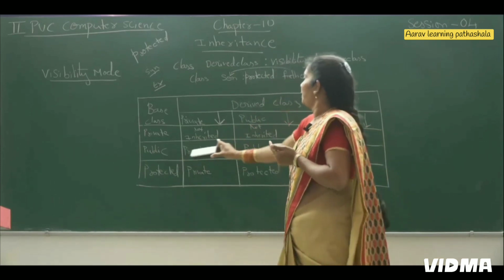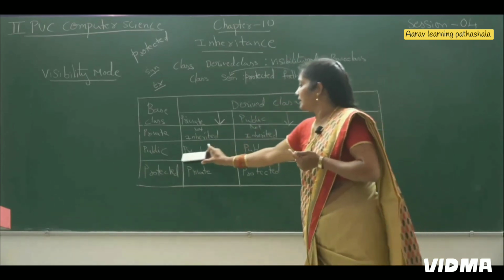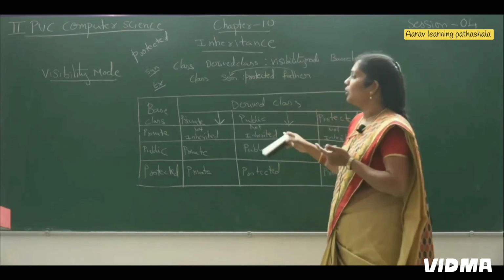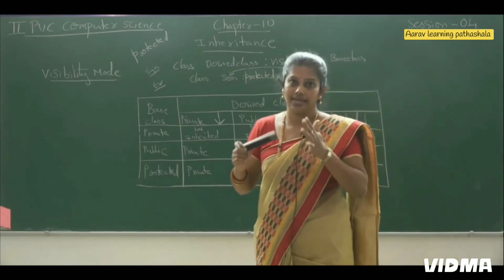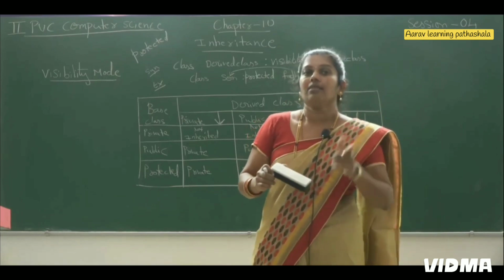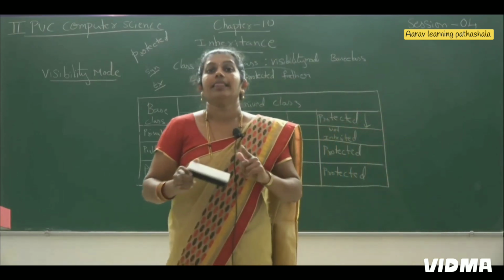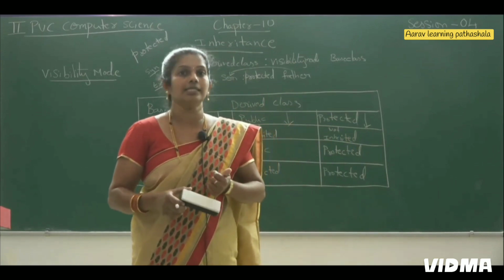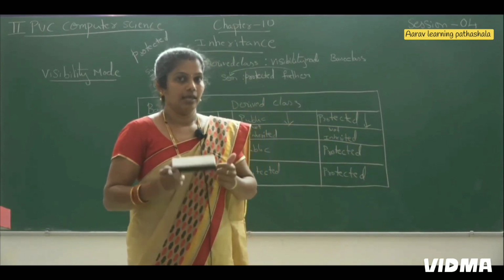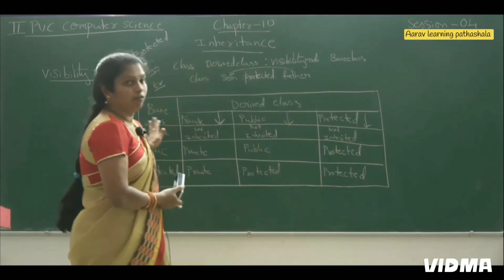Then when public is given, if the base class is public, then in the derived class also it is public only. Then we can easily access the data. That's why the visibility mode controls the access specifiers of the members of the base class in the derived class. This is regarding the visibility mode.